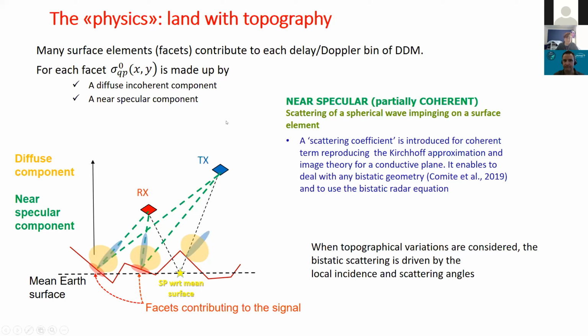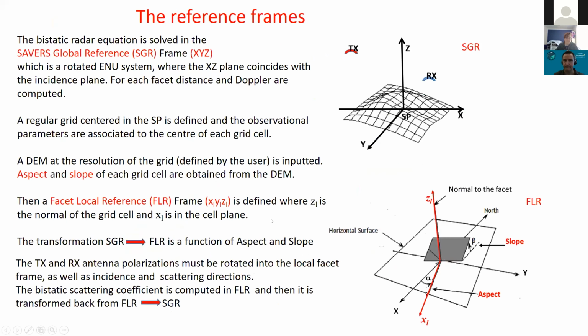When topographical variations are considered, the bistatic scattering is driven by the local incidence and scattering angles. And this leads us to the reference frames that are defined inside SAVERS. We have a global reference frame, which is a rotated east-north-up system.